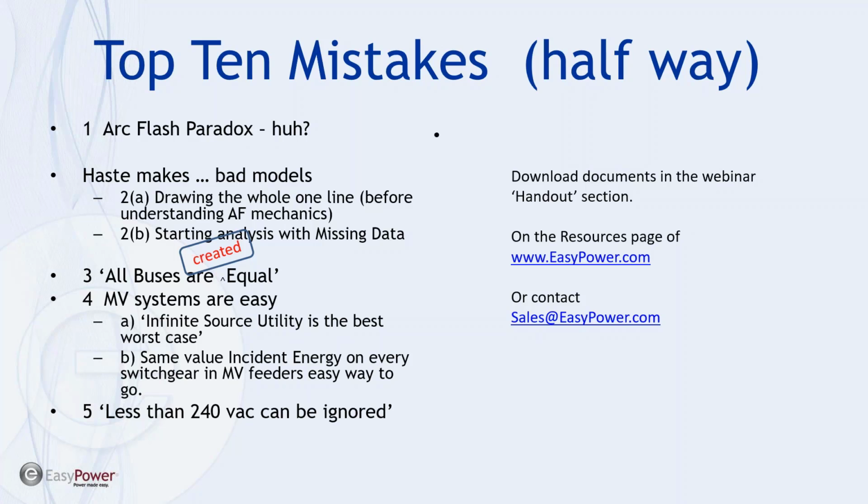Okay, so we're halfway through the list. The arc flash paradox, I think, is important to understand. I encourage people to go through that example individually. I do encourage a little bit more time before you just start drawing. In fact, I encourage playing with the tools before you even do data collection to make sure you have a good handle on the important elements of the calculations.